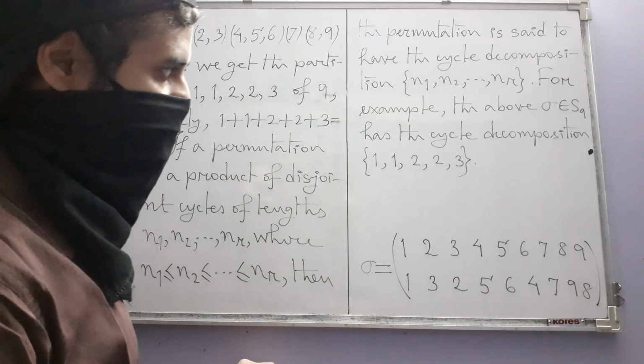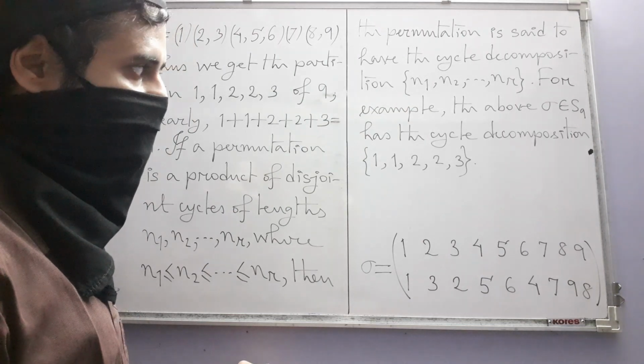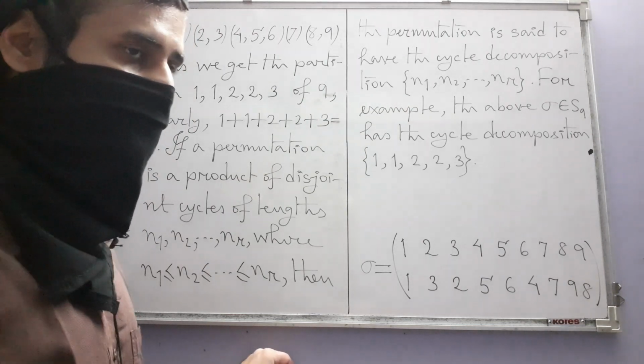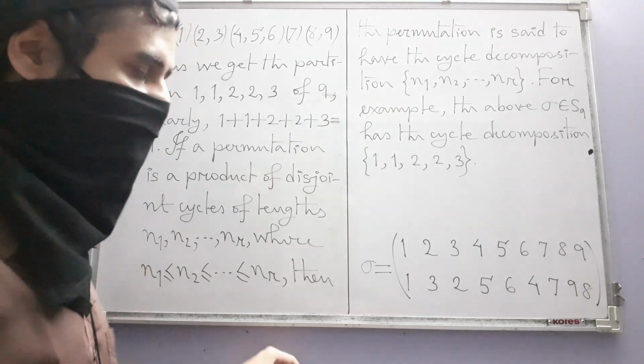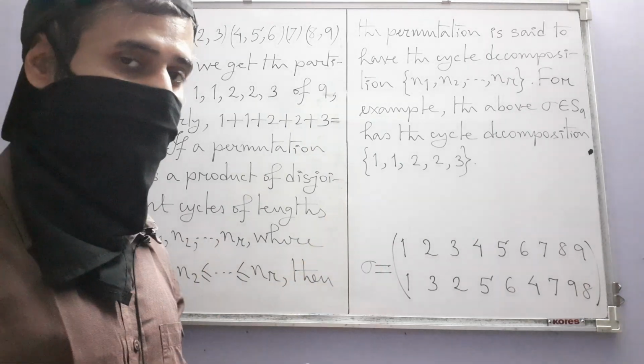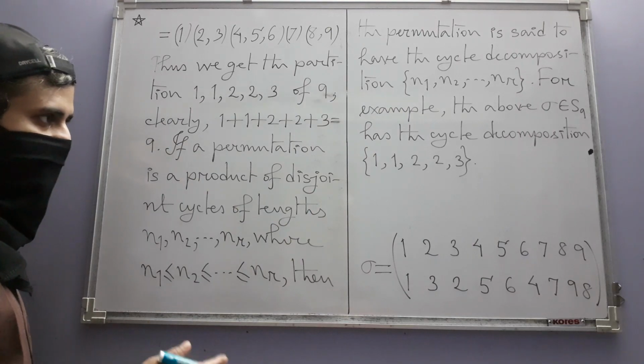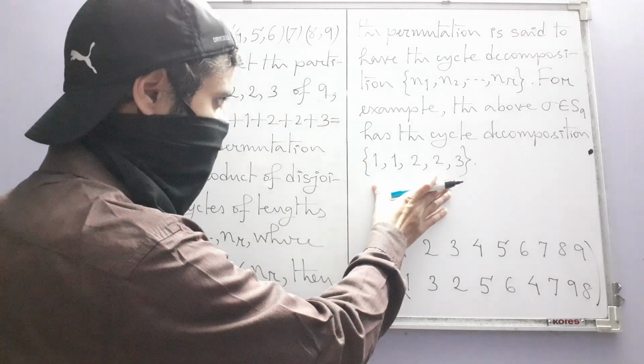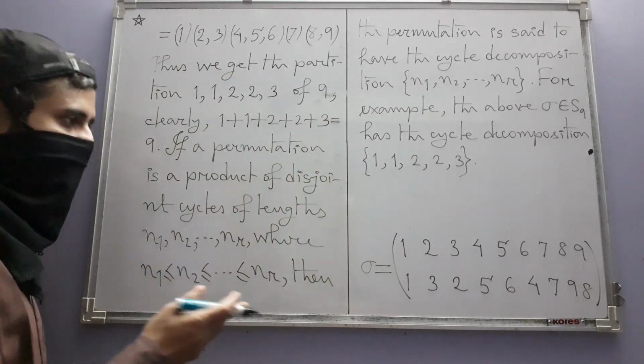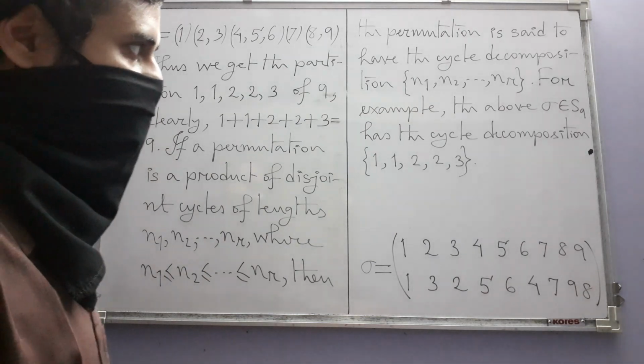The cycle decomposition only tells us the lengths of the cycles that are there in such a decomposition, but it does not tell us the actual cycles. But it gives us an idea of what the partition is that is associated with that decomposition.